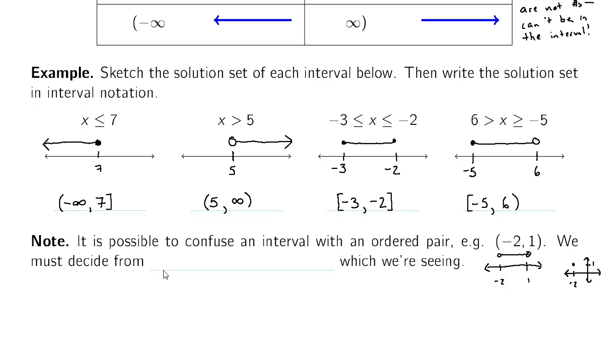Unfortunately, we have to know from context. Are we expecting to see a point? Then that's a point. Are we expecting to see a set? Then that's an interval. We have to know from context what kind of thing we're expecting to see before we can interpret that bit of notation. Fortunately, it usually is clear from the context what that represents if we understand what's going on in whatever problem we're currently considering.